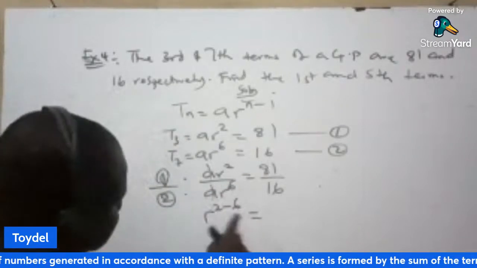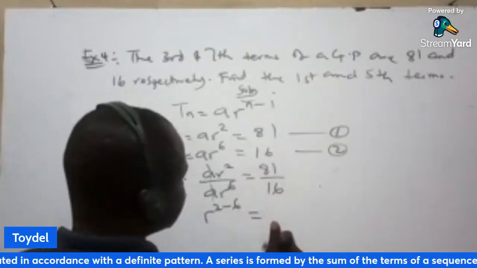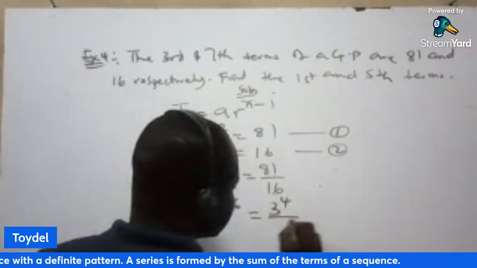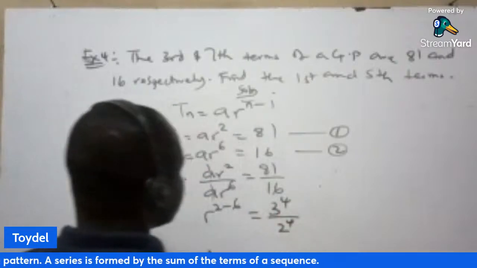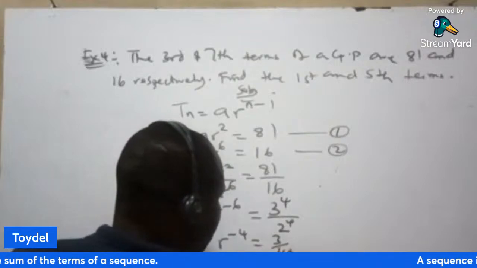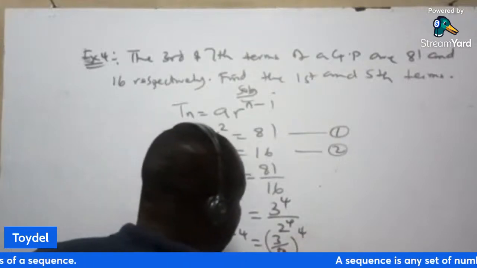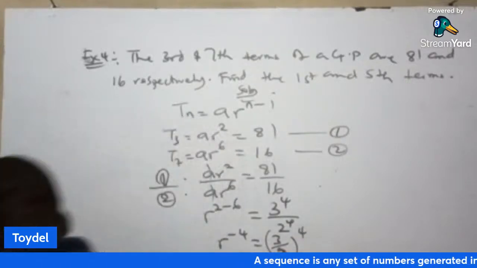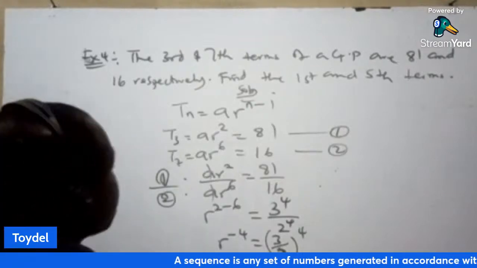That will be minus 4. Then we can write 81 as 3 raised to 4, and 16 as 2 raised to 4. Then I'm going to have R raised to minus 4 to be equal to 3 all over 4... 3 all over 2, everything raised to power 4.